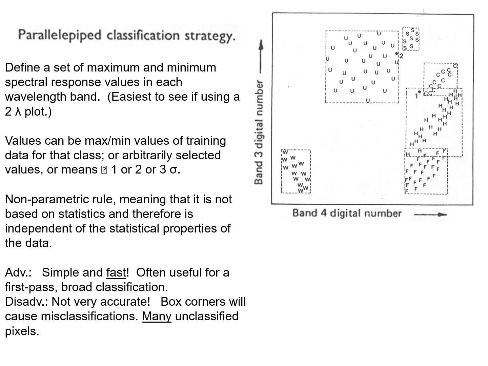If you look particularly at point 1, it falls within the range of spectral qualities for hay, H, but it's not really very much like hay. It's near the minimum value for band 4, but the maximum value for band 3.